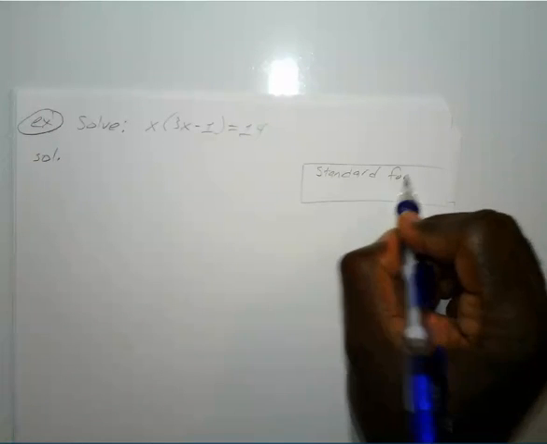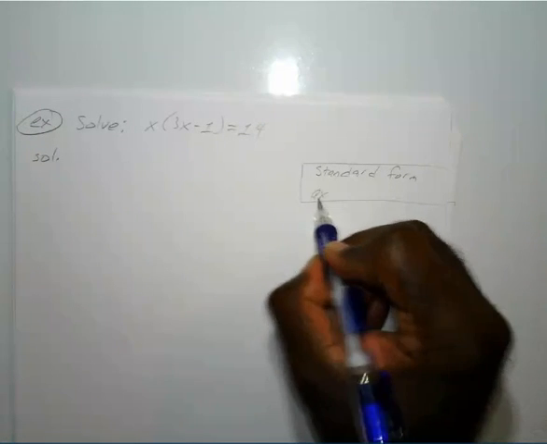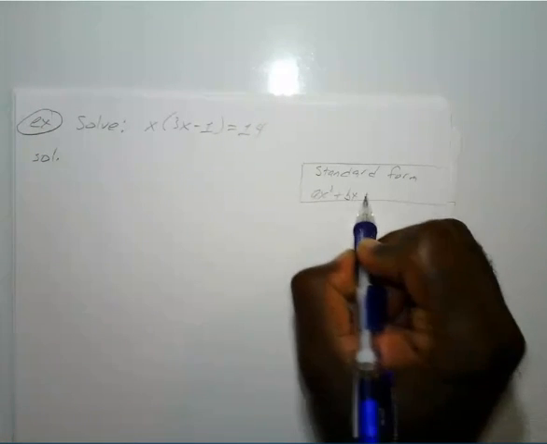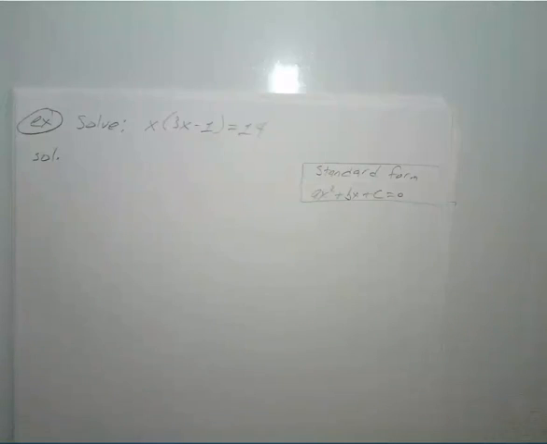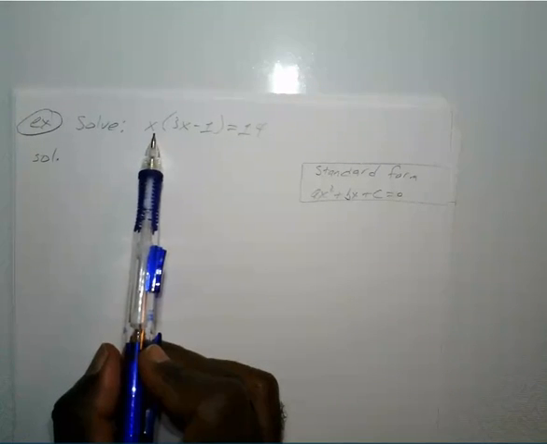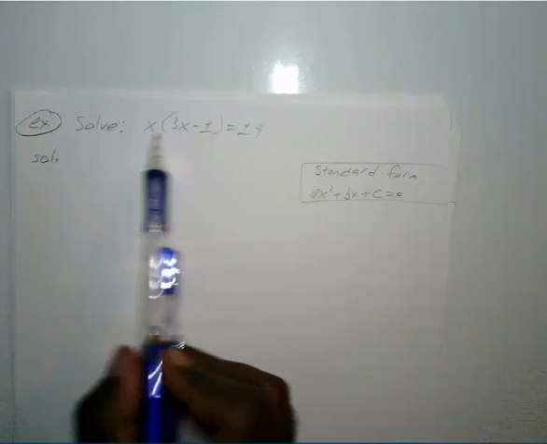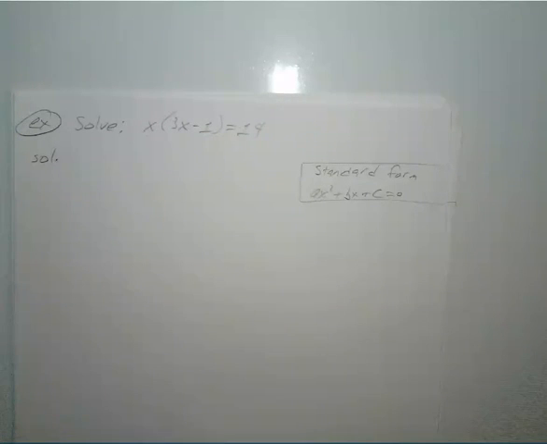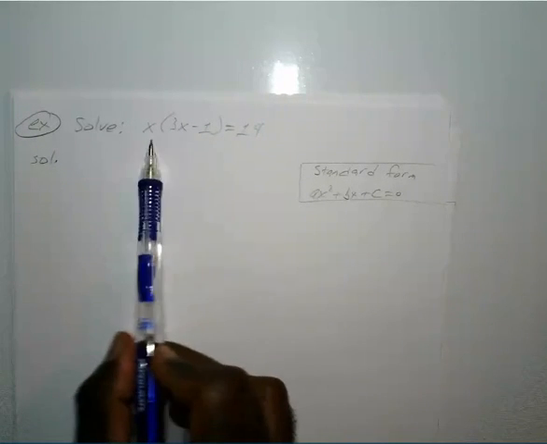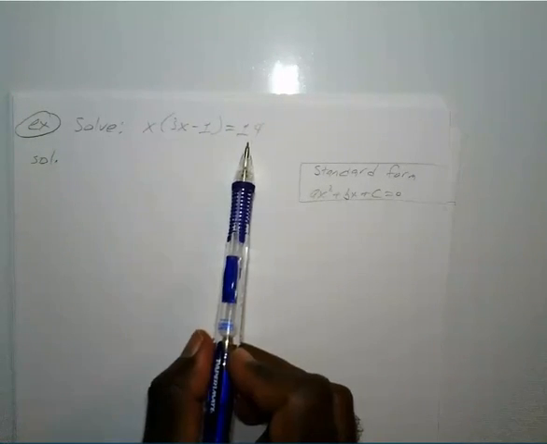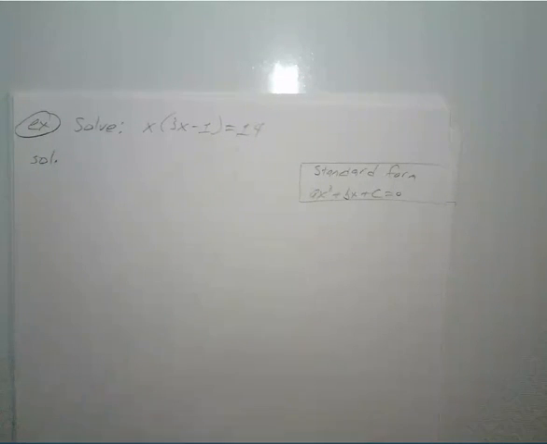So your standard form, ax squared plus bx plus c equals 0. Okay, so some of you might look at this one and go, oh, it's already factored. I can just go right into it. You can't, even though it's factored on this side, it doesn't equal 0. Okay, remember, it has to equal 0.